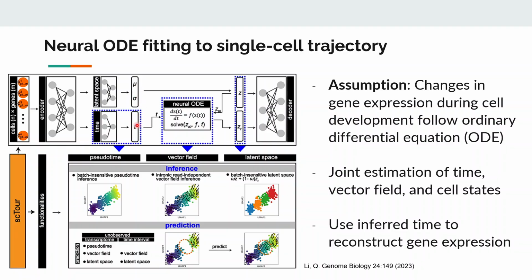The pseudo time, the age of the cells being predicted here, is used inside the model, in the sense that if the model infers the age of these cells correctly, and you sort the cells by age or time, you should be able to model how the cell changes over time.